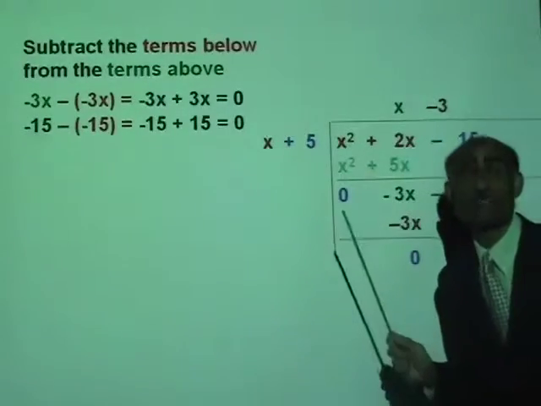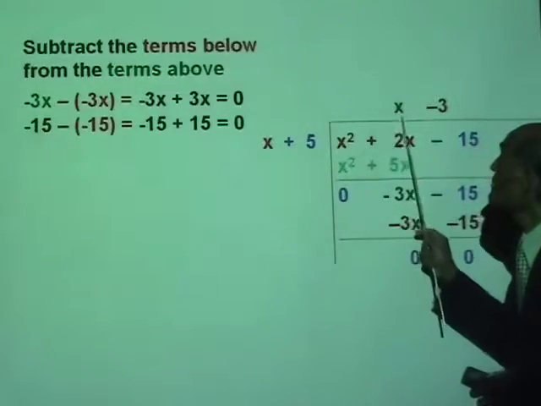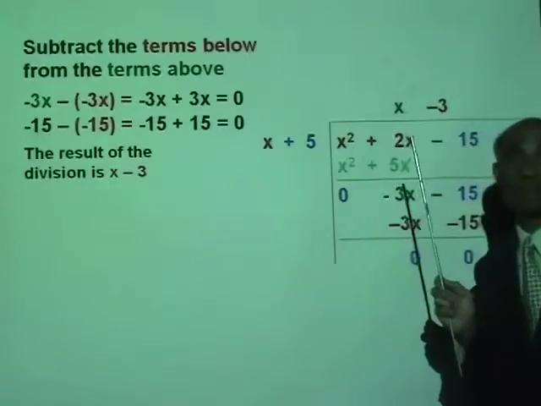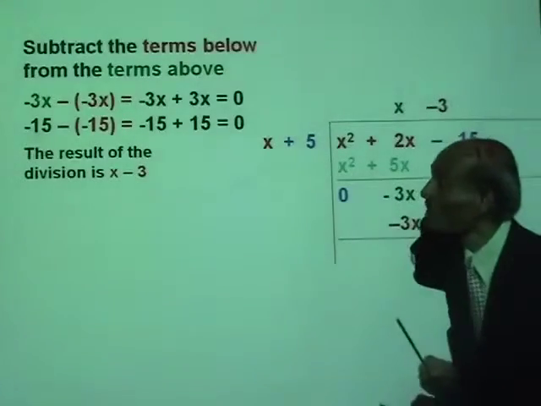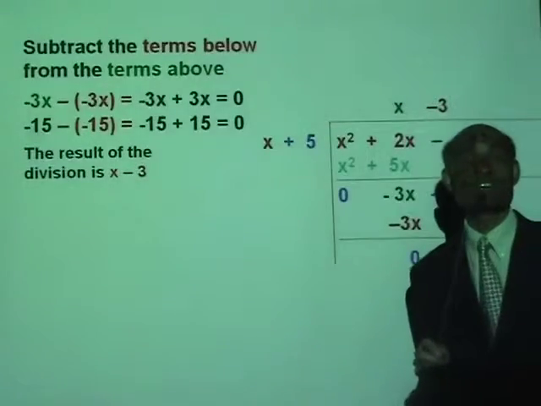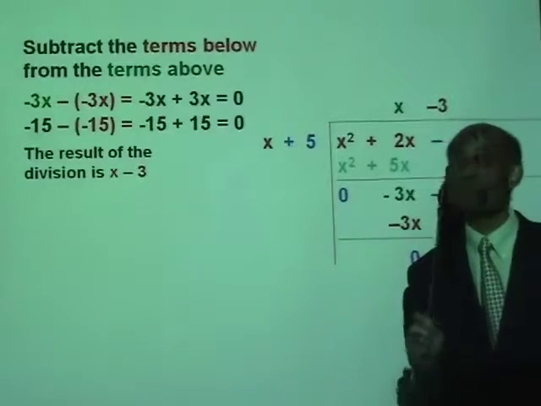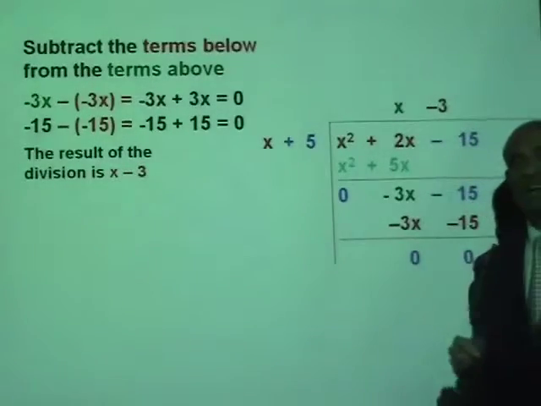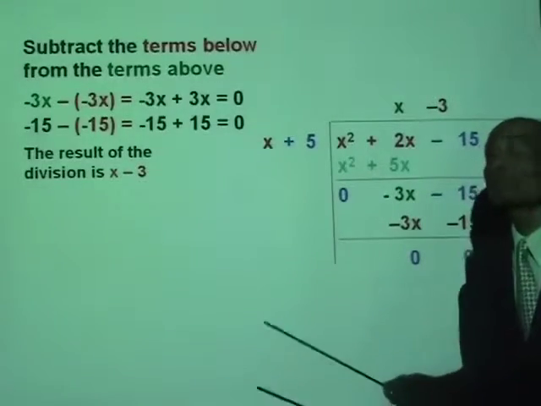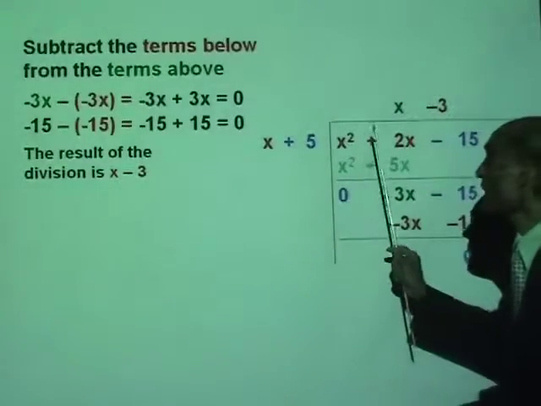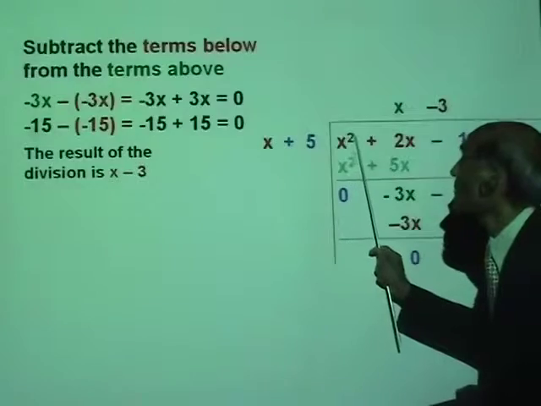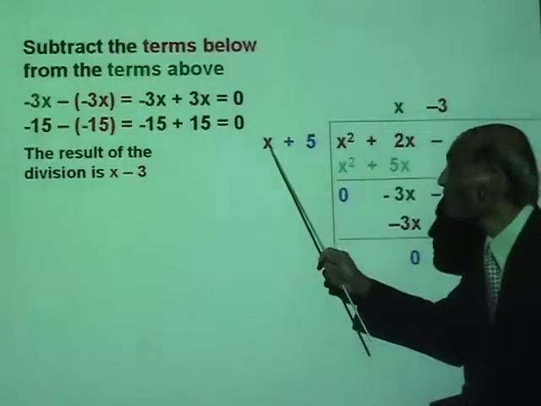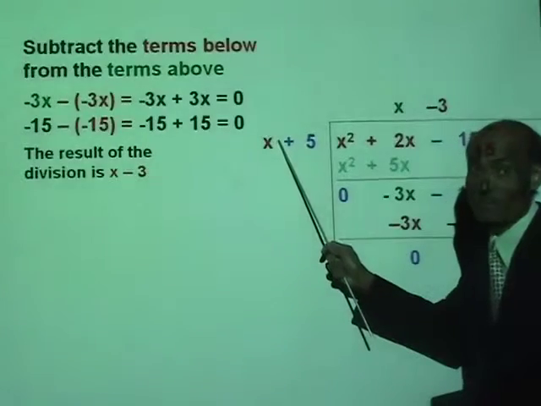What is our result of this division? The result of this division is x minus 3. I hope you understood that problem. Shall I take you quickly back one more time through these steps? Where do we start? We start with the first term of the dividend and the first term of the divisor.